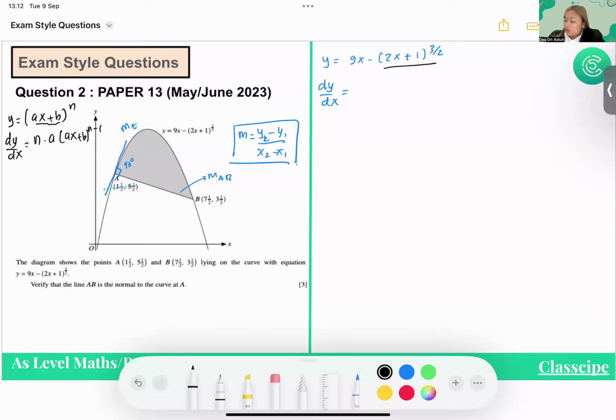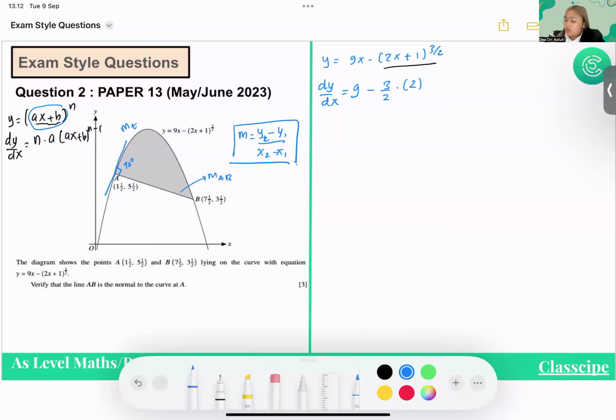Let's see here. For 9x, the differentiation is just 9. For this one, remember again, you put the power down and then multiply with our a, which here is 2 because 2x. You have 2x plus 1, and the differentiation of it is 2.